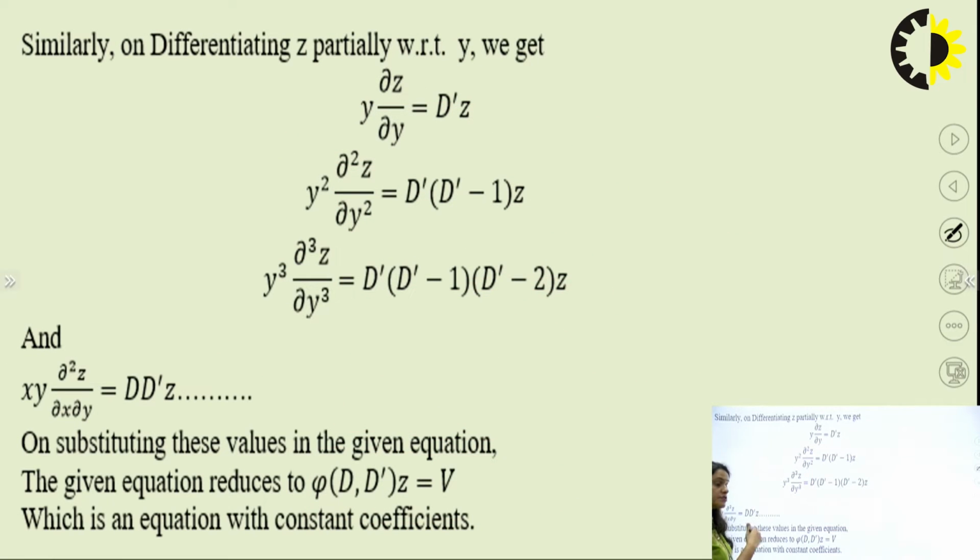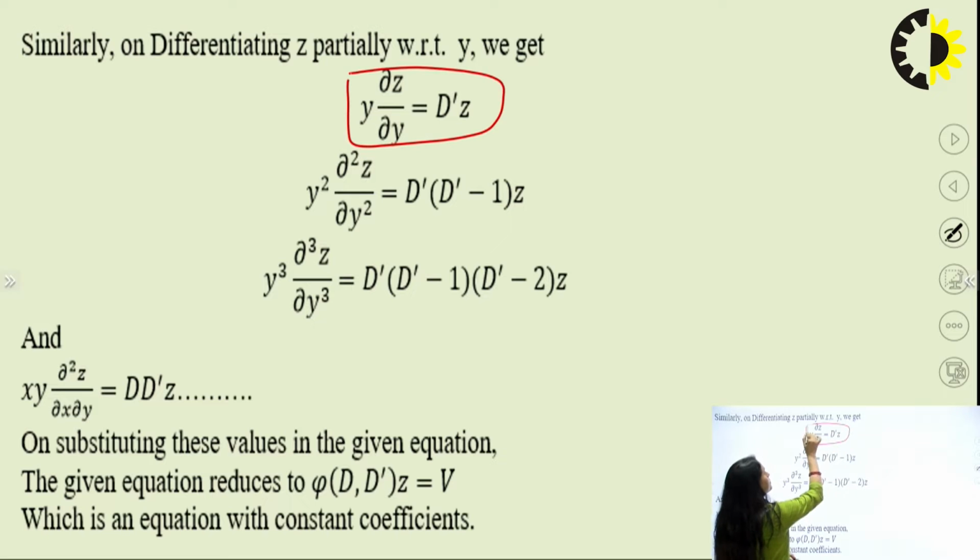Now as we did for x, similarly if we differentiate z partially with respect to y, we will get this one value, and here I have written D dash because earlier it was capital D. So if we are doing it for y, we will write D dash.